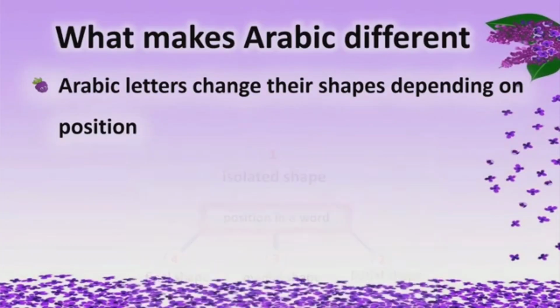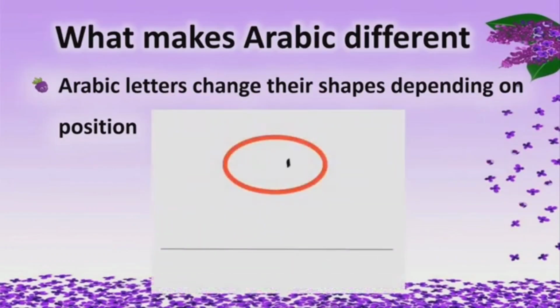Let's take the letter Ba as an example. When it's not connected to any letter, it's written like this. We call it the isolated shape of Ba. When it's connected to the following letter only, we write it like this, and we call it the initial shape of Ba. Remember, Arabic words start from right to left.